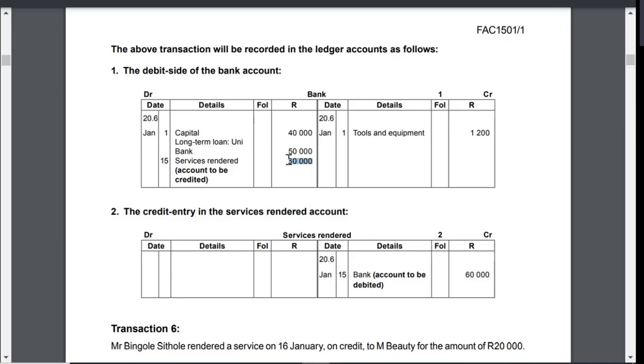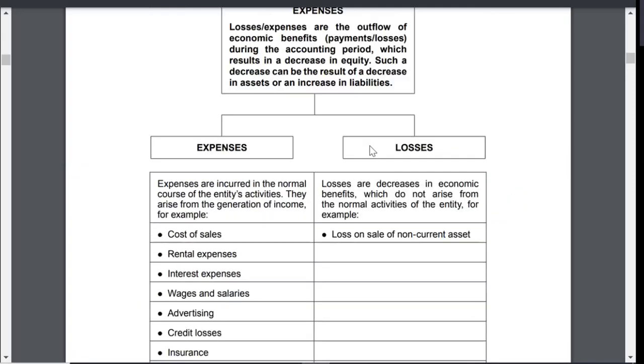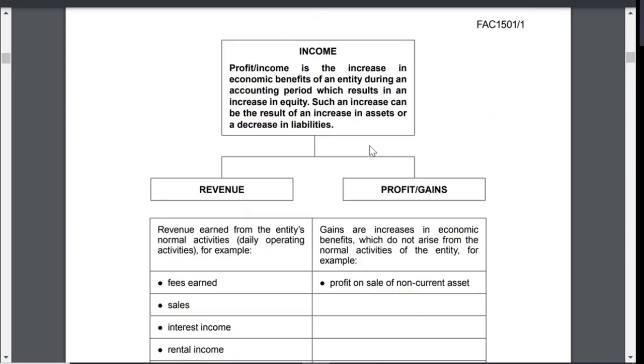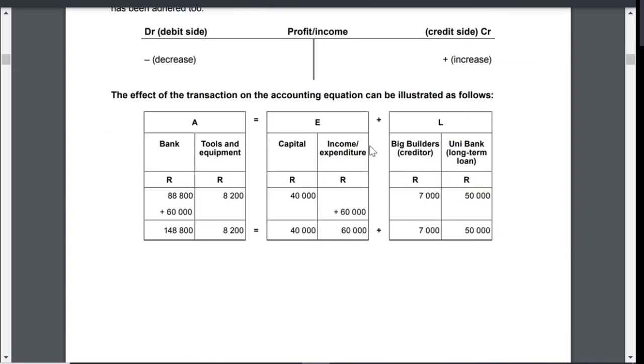That's why the bank account asset is increasing by 60,000. Service rendered income will be credited by 60,000. If income is increasing, you credit income with 60,000. So this is how the general ledger will look. That was transaction number 5.